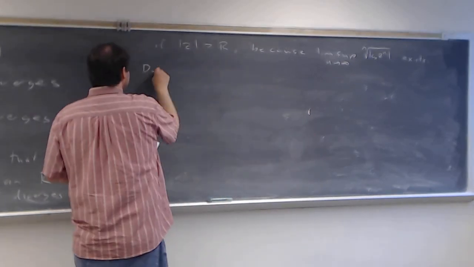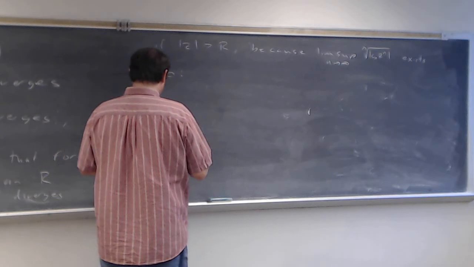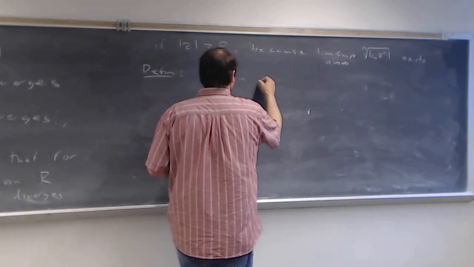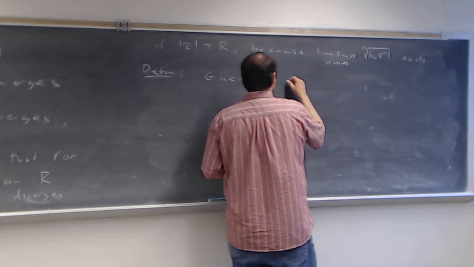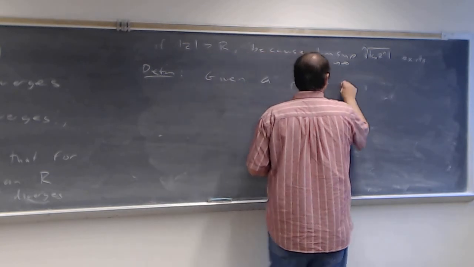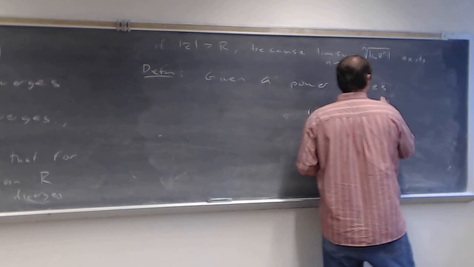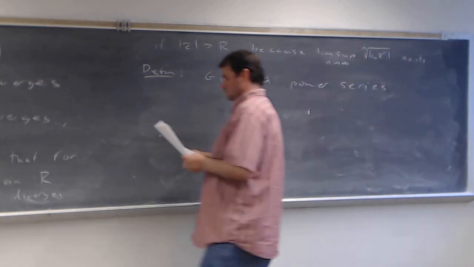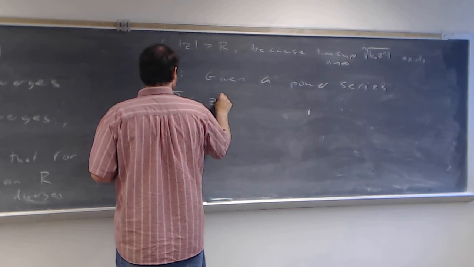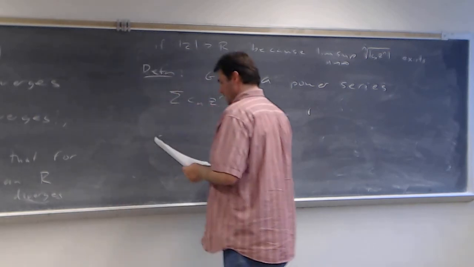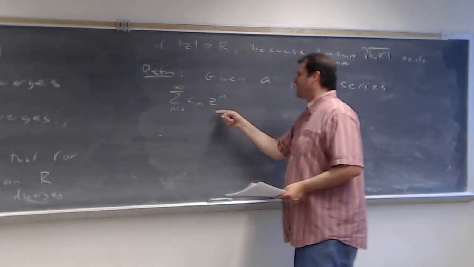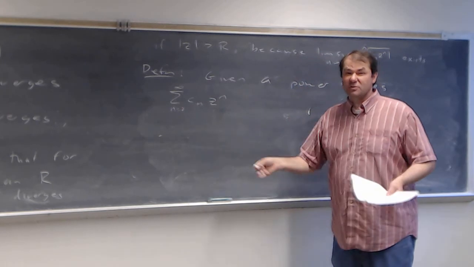So we can make a definition. What we'll say is, given a power series, the sum of the c sub n z raised to the n, here we're adding n from 0 to infinity. What we're thinking of is 0 to the 0 is going to be 1.